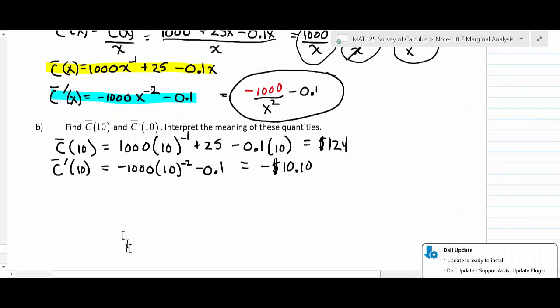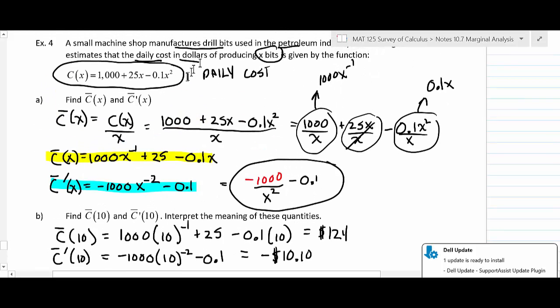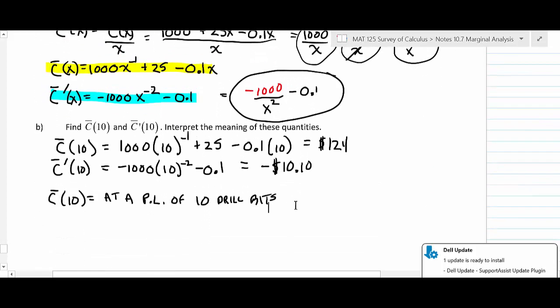Okay, so I want to finish that up. Let's talk about what C bar of 10 means. Basically, you always start this off the same way. You would say at a production level of 10 drill bits, which is what we were producing, per day, the average cost is 124.